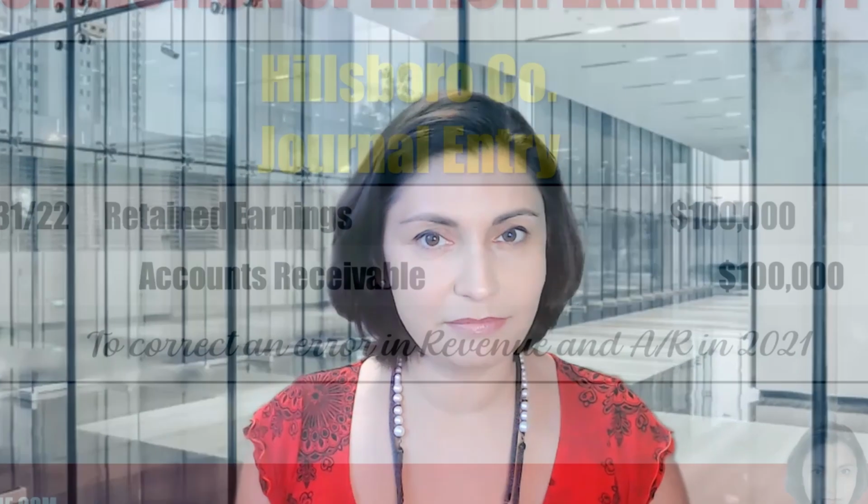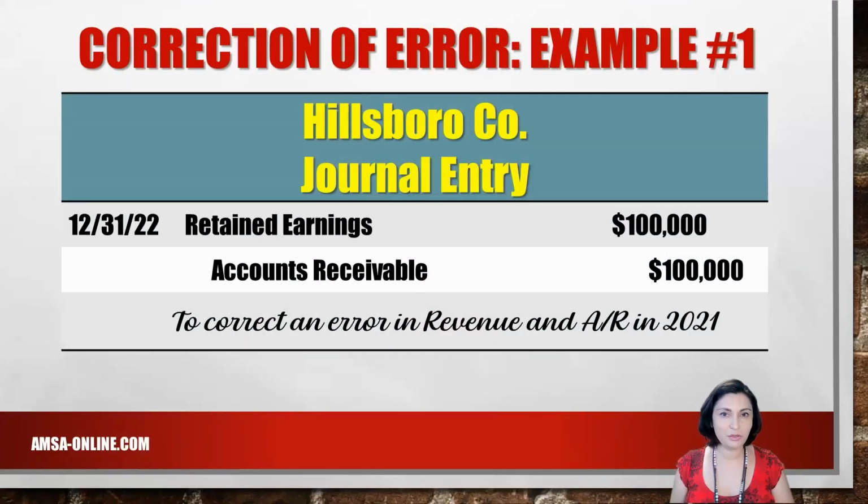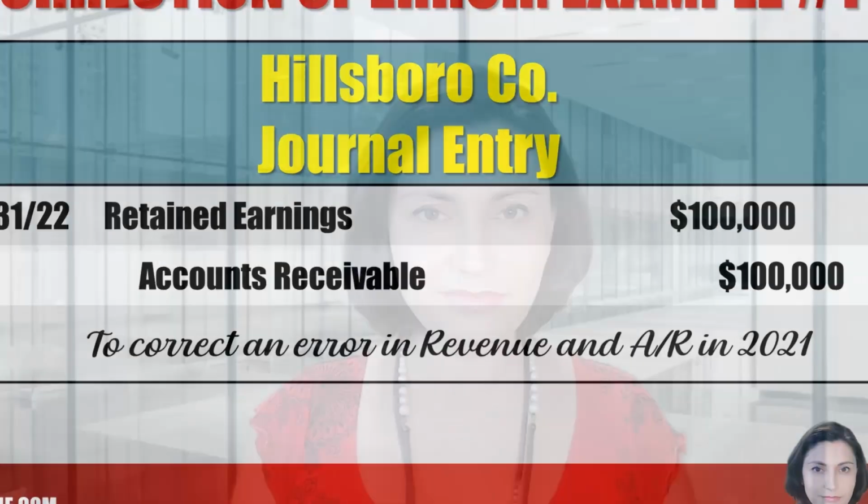Because both accounts receivable and sales revenue were overstated, both need to be decreased. Revenue is a part of retained earnings. Thus, the entry is to debit or decrease retained earnings for $100,000 and to credit or decrease accounts receivable also for $100,000.